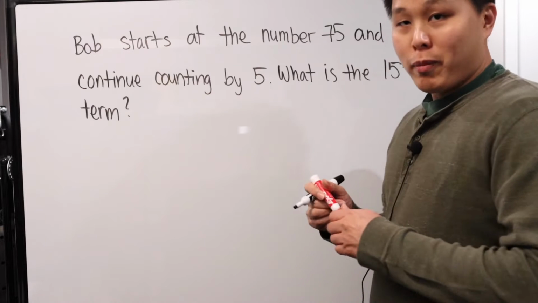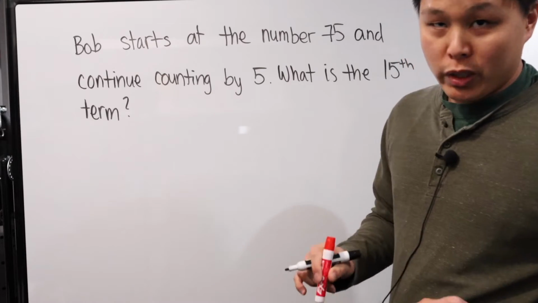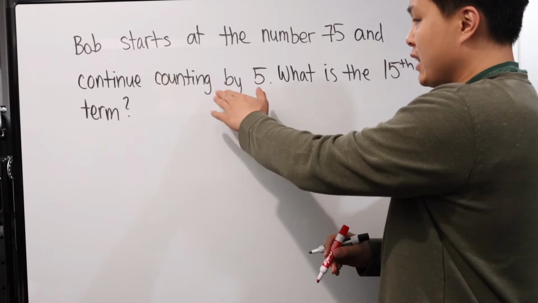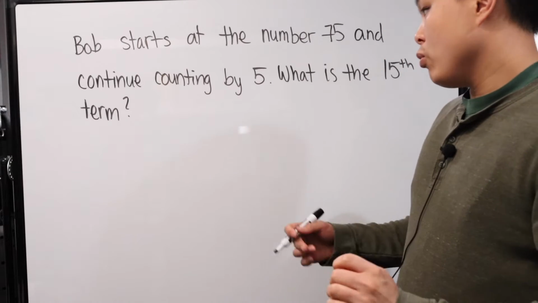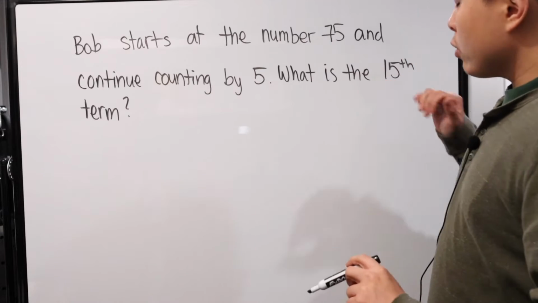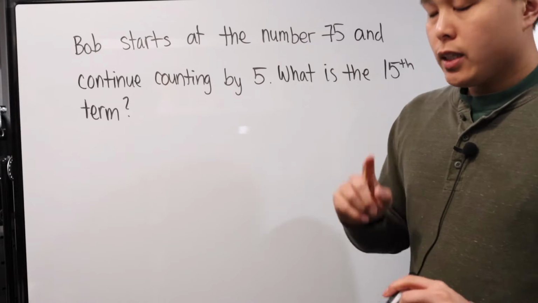For this problem, as I mentioned, it's one where we might accidentally count numbers when we really shouldn't have. So Bob starts at the number 75 and continues counting by 5. What is the 15th term? If you're counting by 5, that means you're adding 5 every time. If you're going all the way to the 15th term, all you have to do is get 5 times 15.